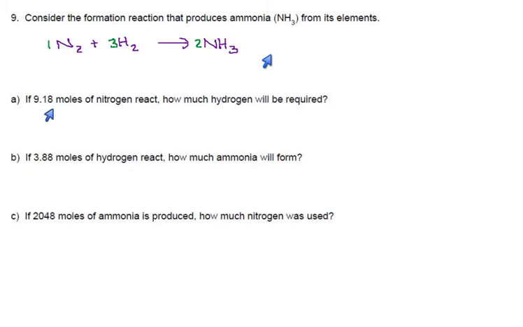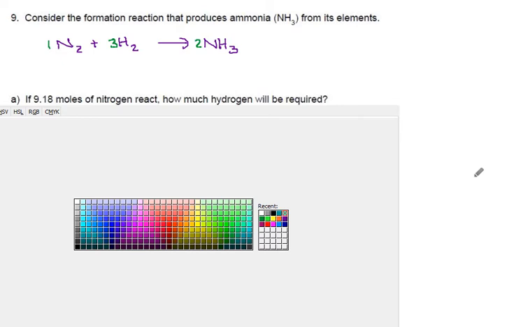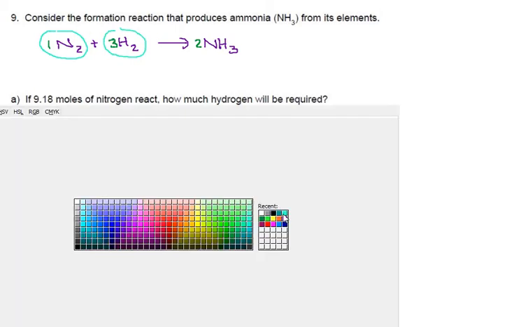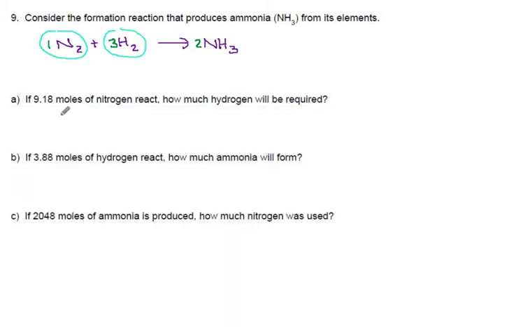If 9.18 moles of nitrogen react, they're starting us off with nitrogen, and they're asking how much hydrogen. So our ratio is 1 to 3. We can say 1 mole of nitrogen reacts with 3 moles of hydrogen.